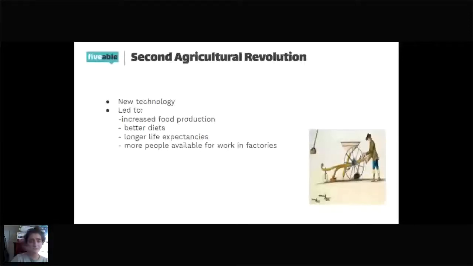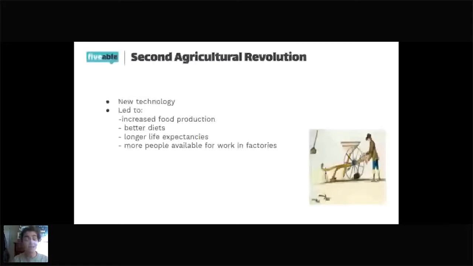More people available to work in factories because of the mechanization and because farming became more efficient. Less people needed to work as farmers because there is so much food, and we don't really need more farmers to work. So many people moved to other parts of the industries. Other people started working in factories, like in the textile factories, for example, in the Industrial Revolution.